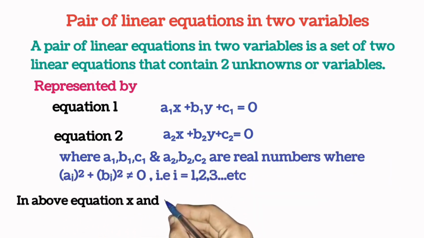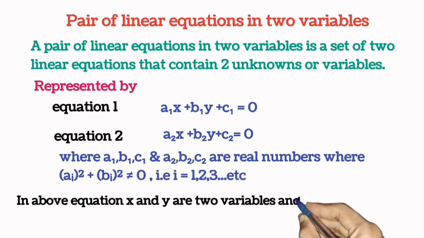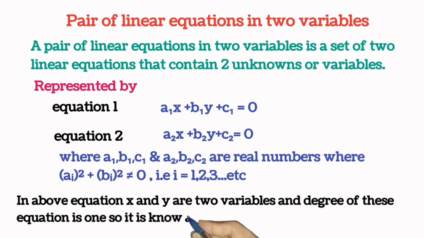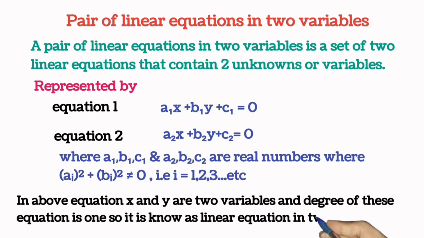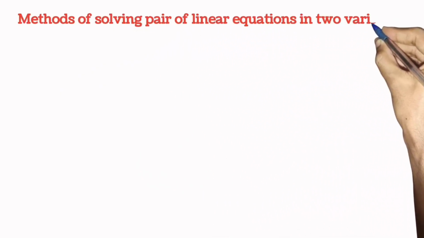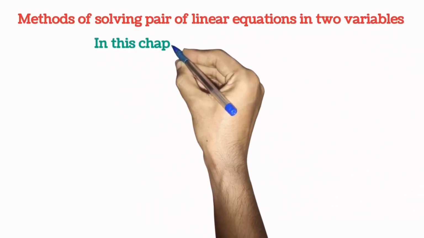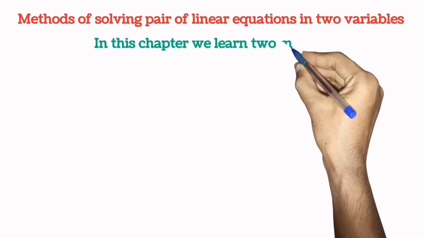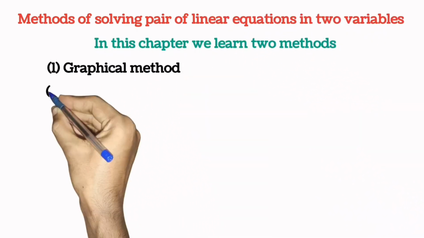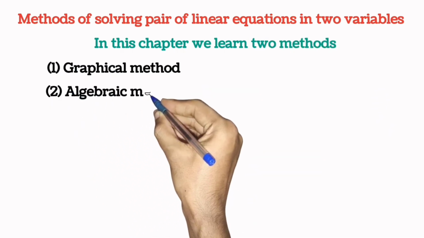In the above equation, x and y are two variables and the degree of this equation is 1, so it is known as a linear equation in two variables. Methods of solving pair of linear equations in two variables. In this chapter, we learn two methods. First one is graphical method and second one is algebraic method.